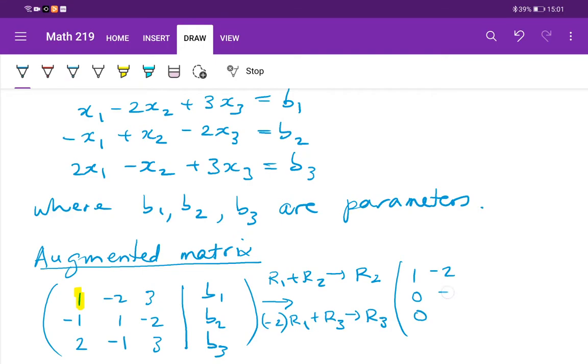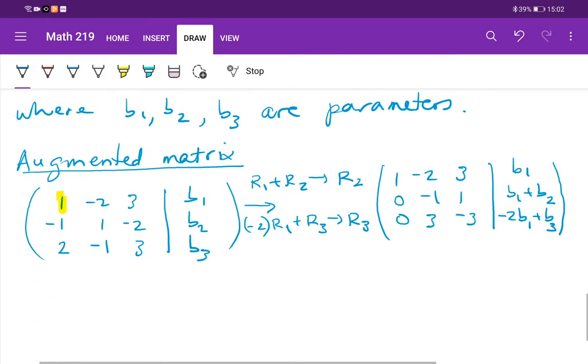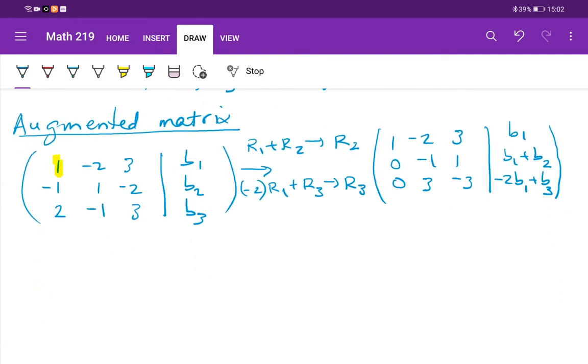So we get -2, -1, 3, 3, 1, -3 here. And the last column also changes: b1, b1 plus b2, and -2 b1 plus b3. Okay, so that's what our augmented matrix changes into.